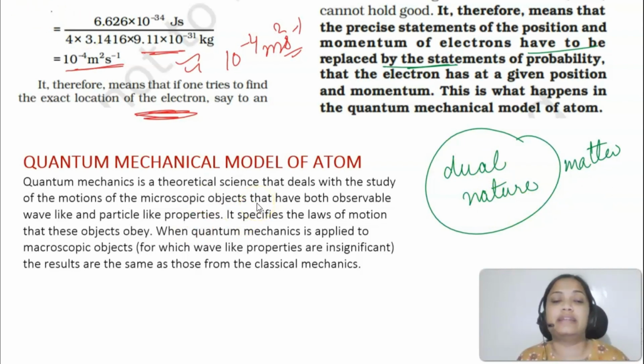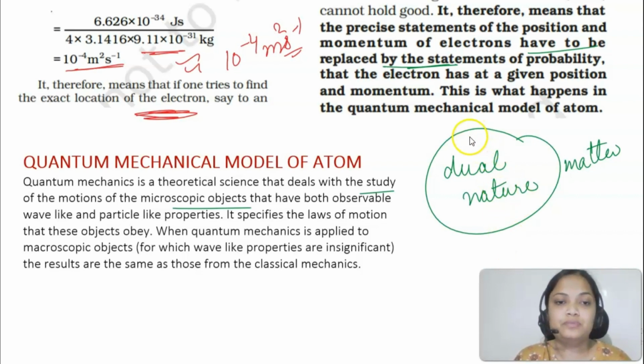It's actually a theoretical science that deals with the study of motion of microscopic objects, and it is observed to hold true that they have wave-like and particle-like properties also. Then how the microscopic objects are behaving, if we are doing that study, that comes under quantum mechanics.